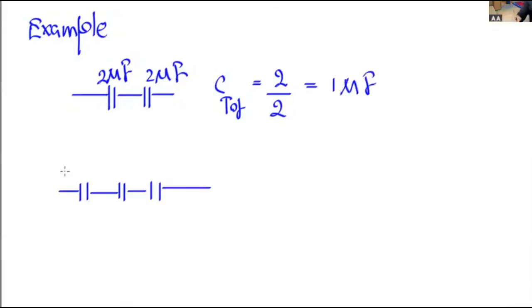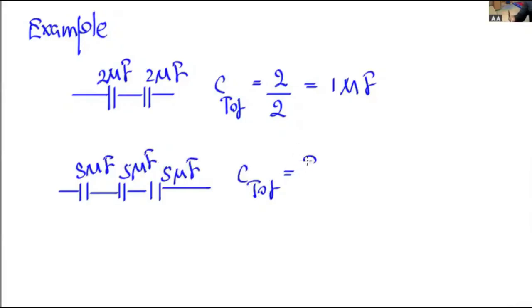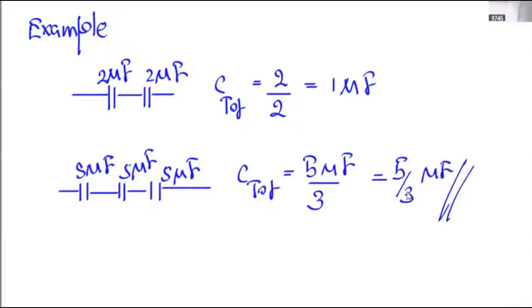Here 3 identical capacitors are in series, 5 microfarad, 5 microfarad, 5 microfarad. Then C total should be equal to the value of one capacitor, 5 microfarad, divided by the number of capacitors in series, 3. Then 5 over 3 microfarad.